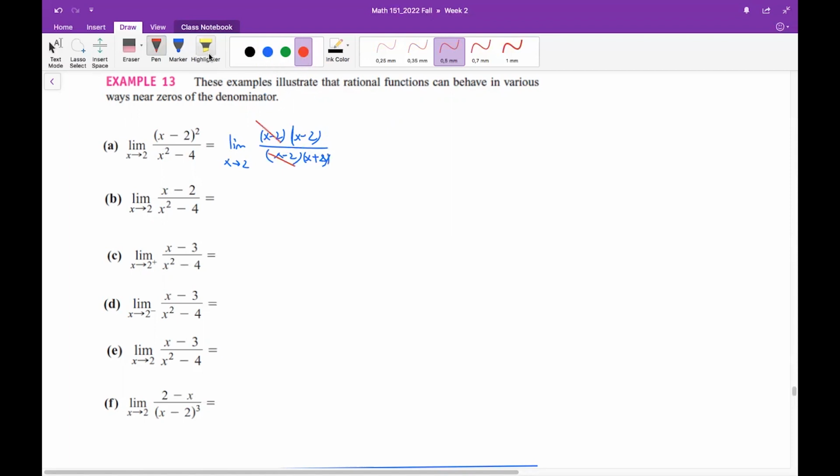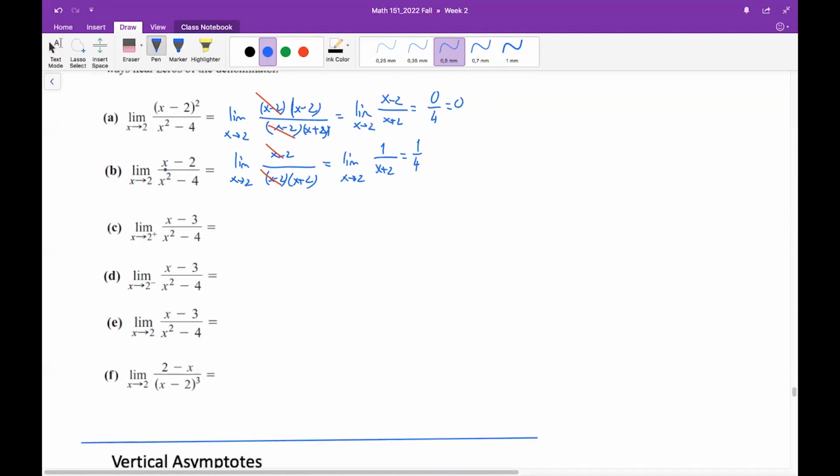These cancel, so we have x minus 2 over x plus 2 as x goes to 2. Just insert 2 for x, so 0 over 4, which is 0. And what changes if you cancel this square here? Let's see. The limit as x goes to 2 of x minus 2 times x minus 2 over x plus 2 times x minus 2. To simplify, you obtain the limit as x goes to 2 of 1 over x plus 2. What is this limit? It is obviously 1 over 4, a finite number.